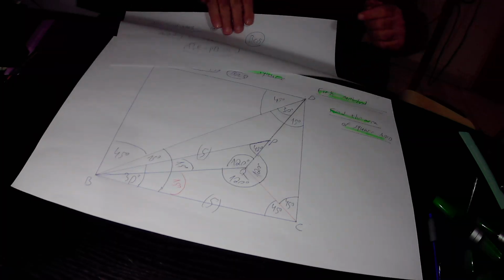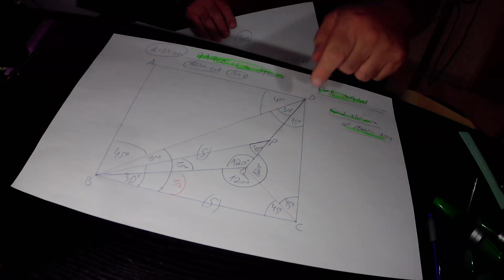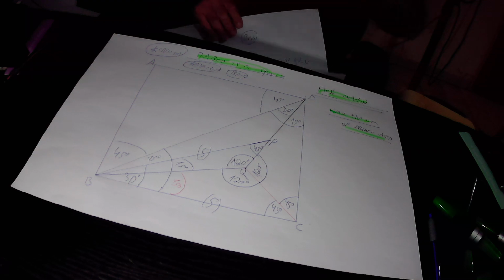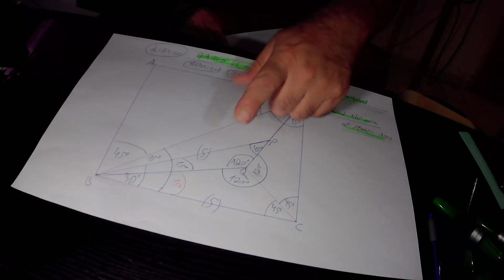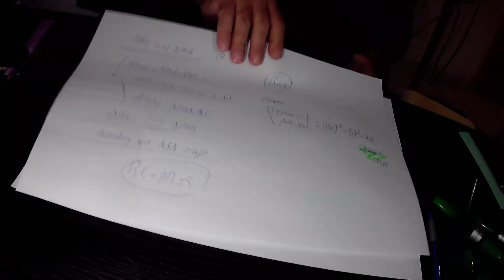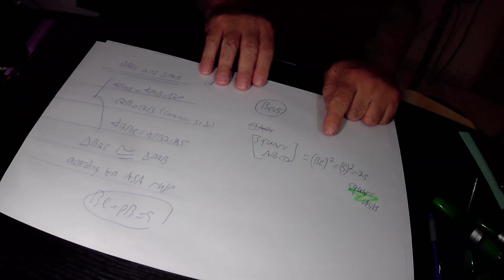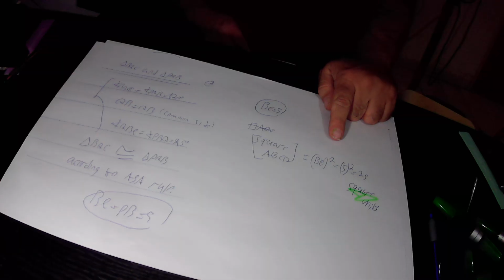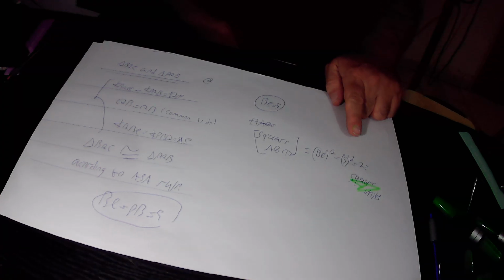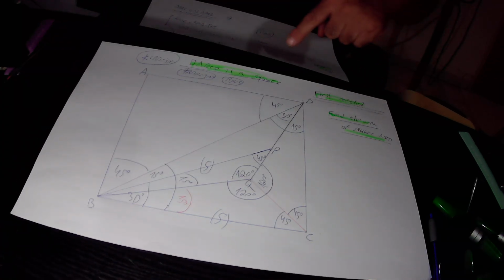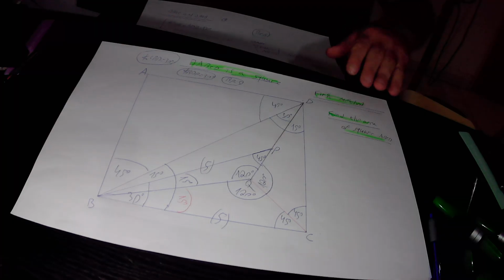Our task is to find the area of this square ABCD. We know that the area of any square equals the length of one side squared. So it is the length of side BC squared. BC is 5, so it is 5 squared. So in total, the area of square ABCD equals 5 squared, that is 25. So we found that the area of the square ABCD equals 25 square units.